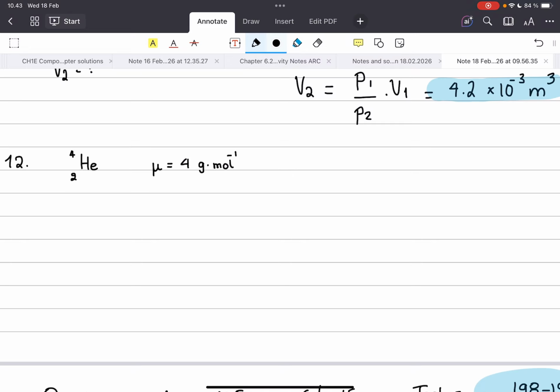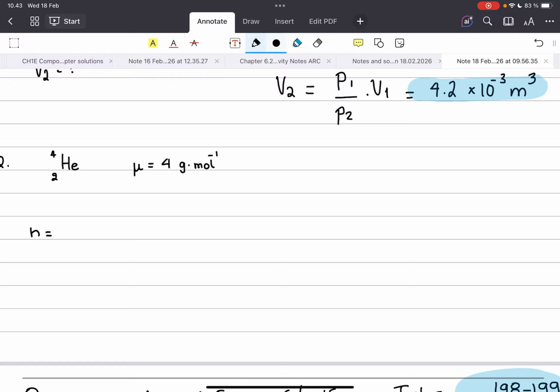Now, if you have 12 kilos of helium, we can calculate how many moles you will have. So we said N, that was in a previous lesson, the number of moles is the mass divided by the molar mass.